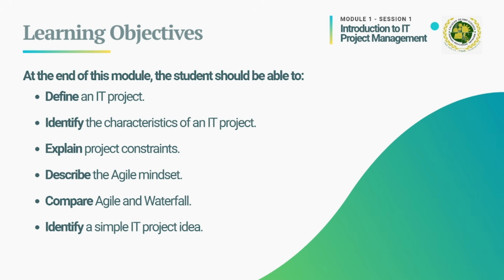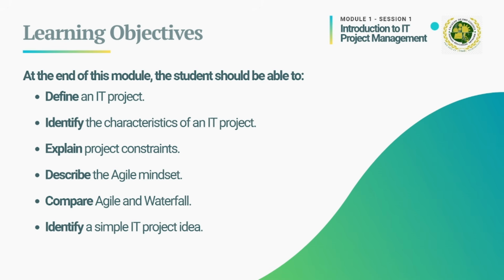For our learning objectives, at the end of this module, the student should be able to, number one, define an IT project. We're going to be defining what an IT project is, what a project is all about. Second, identify the characteristics of an IT project. What are the four constraints, or why are projects limited?